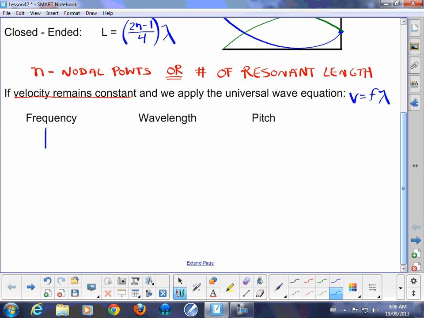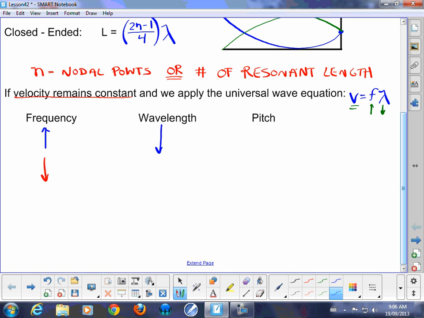Frequency can either go up or frequency can go down. So I'm going to work across here. I'm going to go with blue for frequency going up. If we increase our frequency, and we're looking at this equation, if I make this number larger, if velocity can't change, this number is going to have to decrease. So my wavelength will decrease in length.